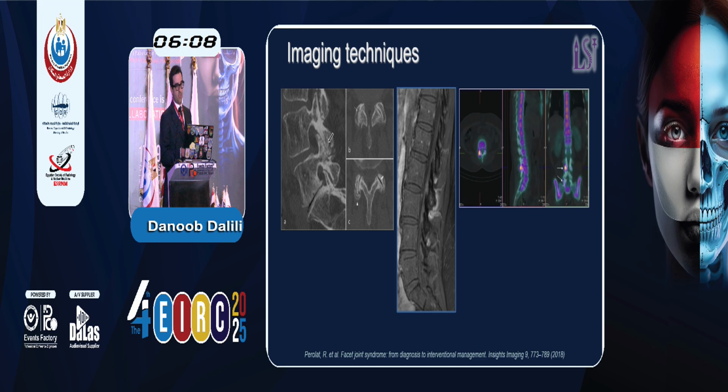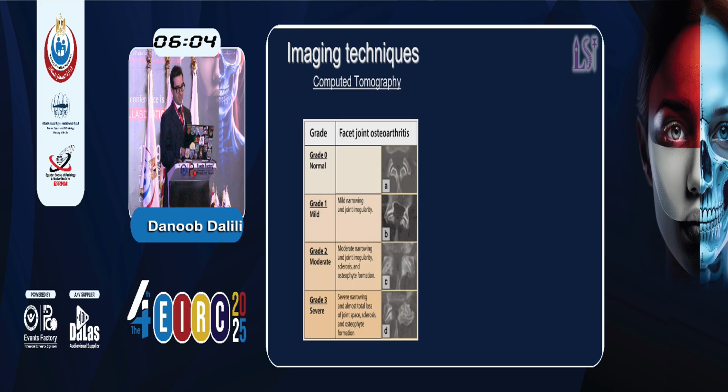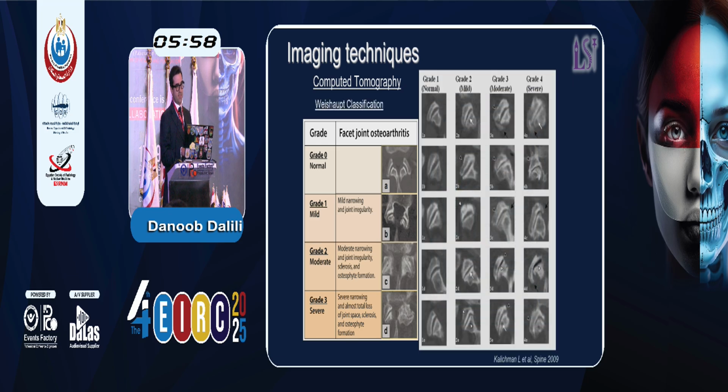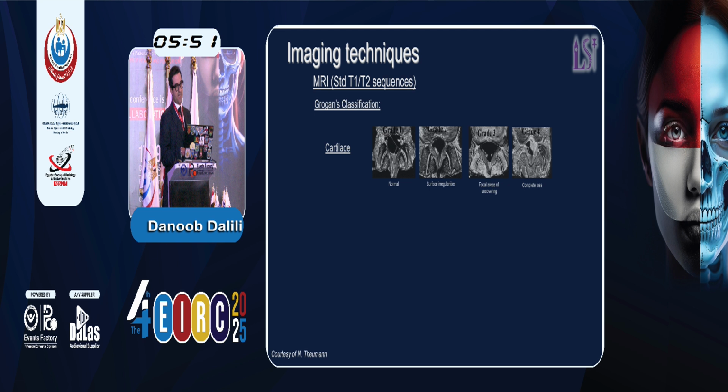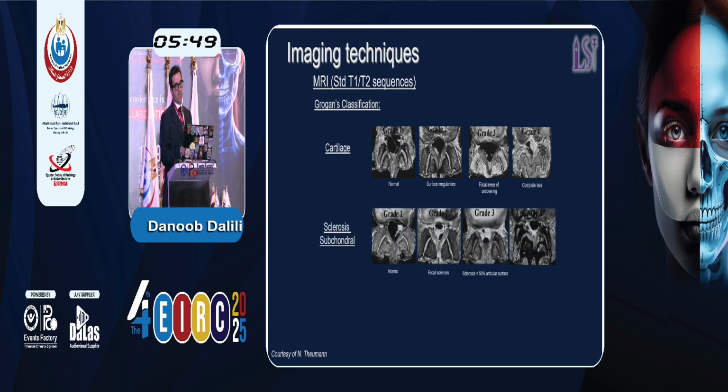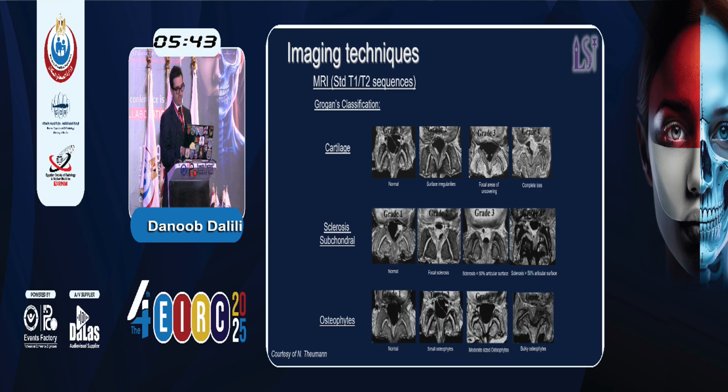As well as that functional imaging, SPECT CT can really identify pain generators. There are various classifications with CT and MRI. I tend to keep it very simple. There's the Weisstrup classification, which uses CT grading, and on MRI you have Grogan's classification. Just being aware of these is very important. I tend to just stick to mild, moderate, severe, and not overcomplicate it.